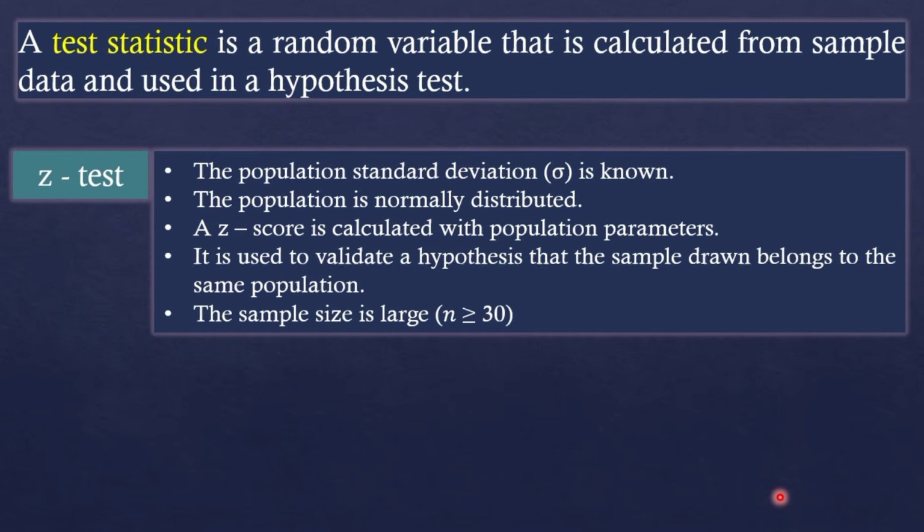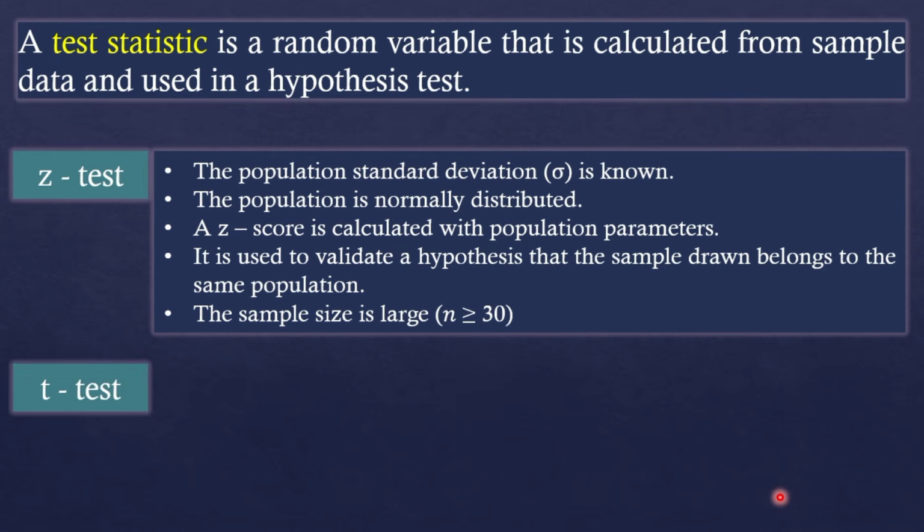At lagi natin tandaan, the sample size is large or your n. So, kino-consider natin na yung n natin kapag greater than or equal to 30, large sample size na yan. Okay? So, gagamitin natin yung z-test natin kapag yung population standard deviation natin is given.